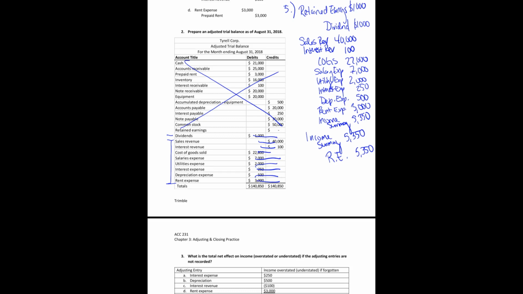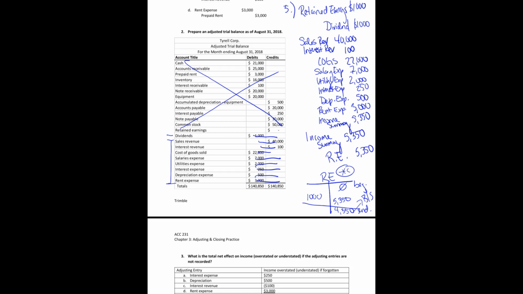Now notice that if we looked at the retained earnings T account, it had a 0 beginning balance. We decreased it by dividends initially, so it had a negative balance at this point. Then we add in our profit, and so ultimately our ending balance was that $4,350 that you saw on the balance sheet. So this is one way to do the closing entry.